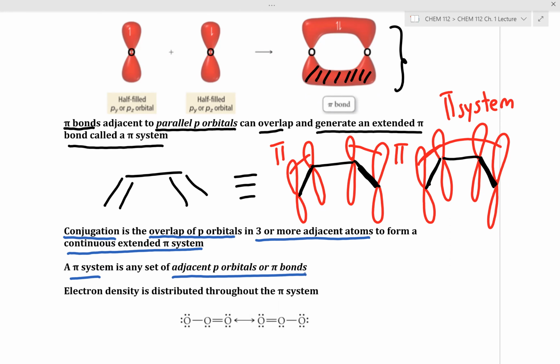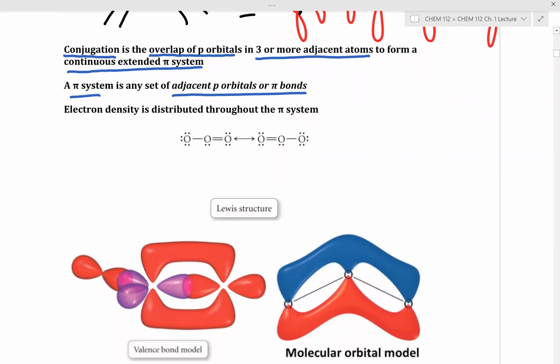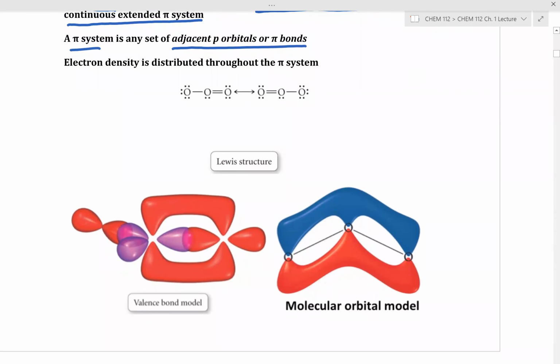Let's look at our good old friend ozone, as despite its simple structure, it holds a lot of interesting nuance. So if we take a look at ozone, O3, we've typically drawn it as one of 2 major resonance structures, depending on where you choose to place your double bond.